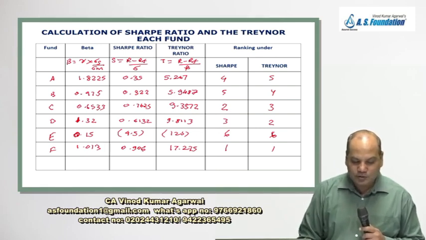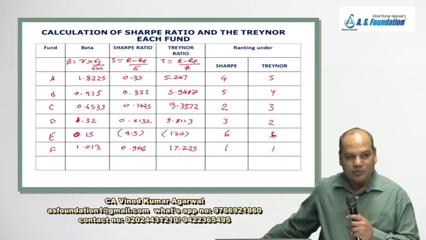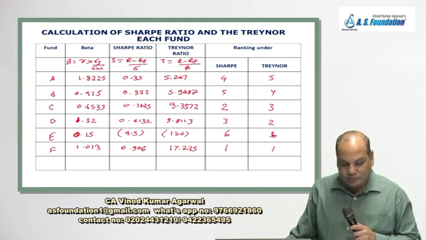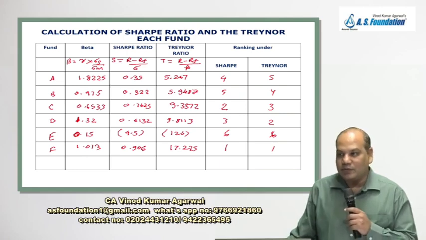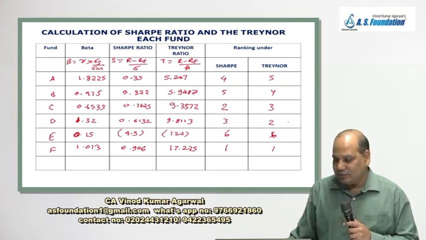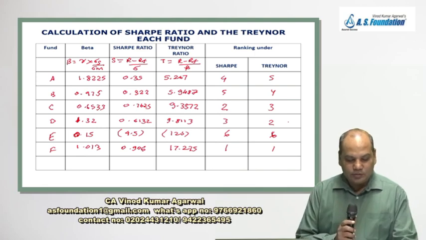Rank these mutual funds using the Sharpe and Treynor methods that we have done. Compare the ranking with part A and explain the reasons behind the differences. So write a note.